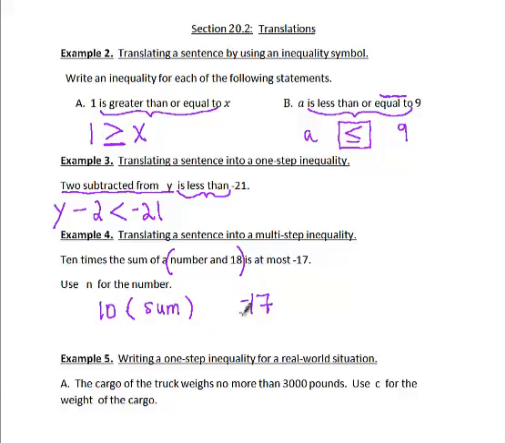Well, if it's at most negative 17, then this quantity to the left must be less than negative 17. At the same time, it is at most negative 17. It can be negative 17, so we put the equal to bar below it.